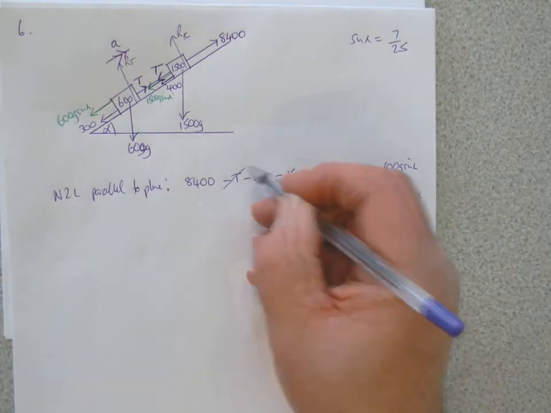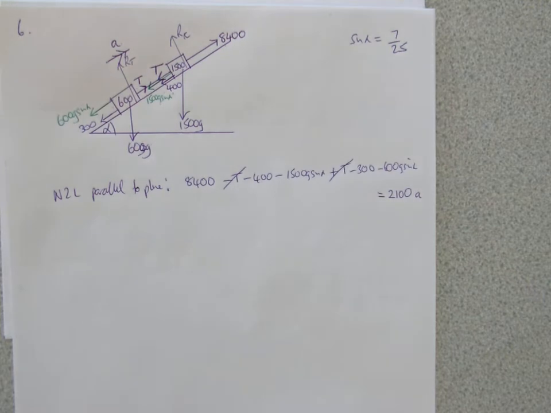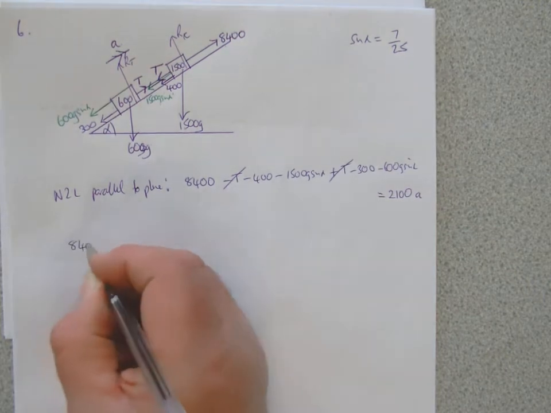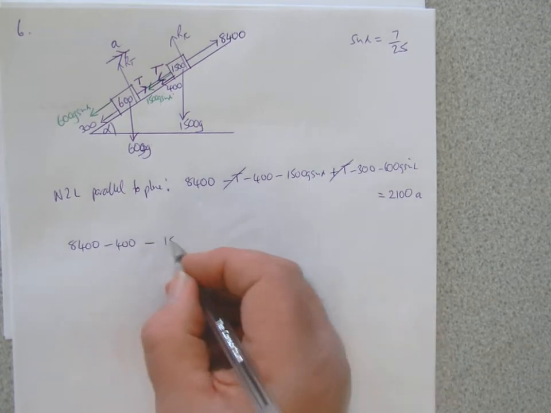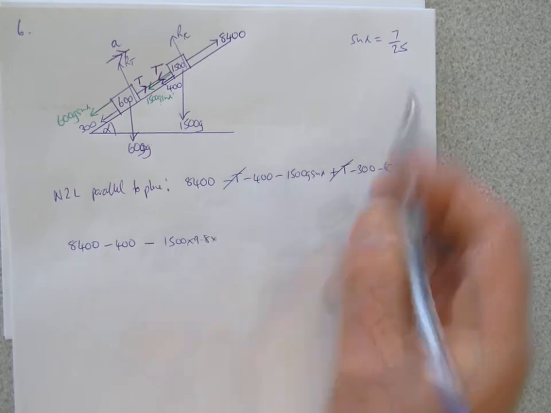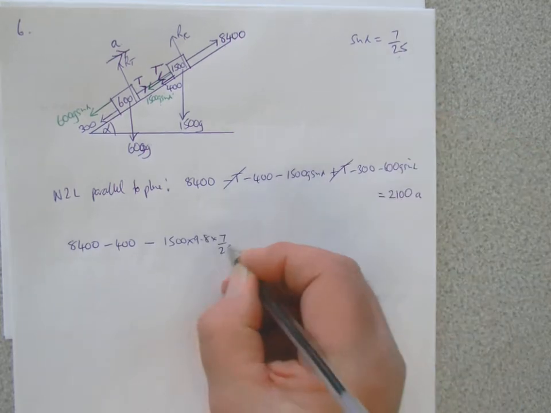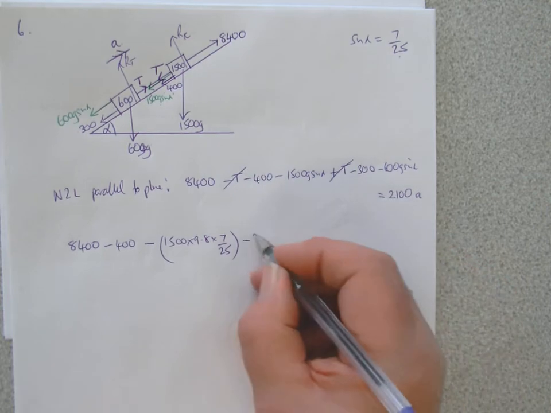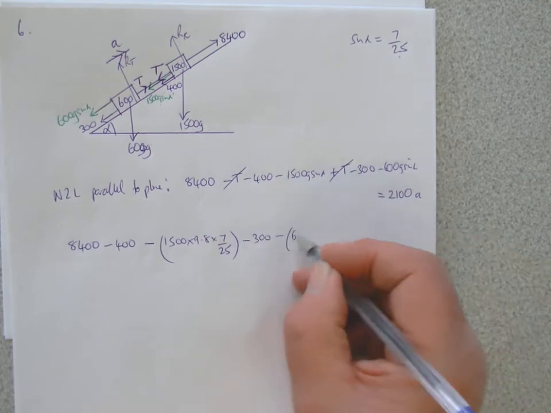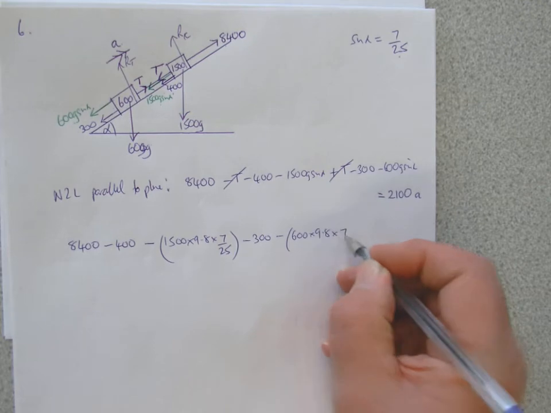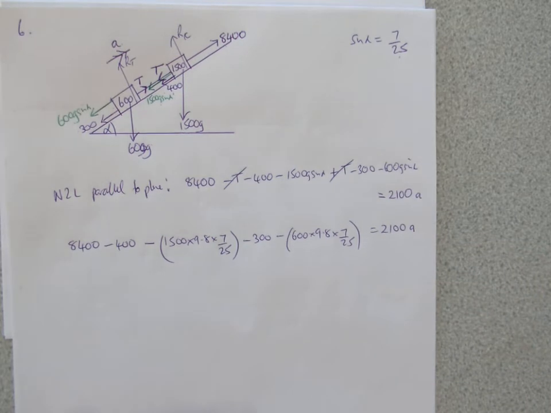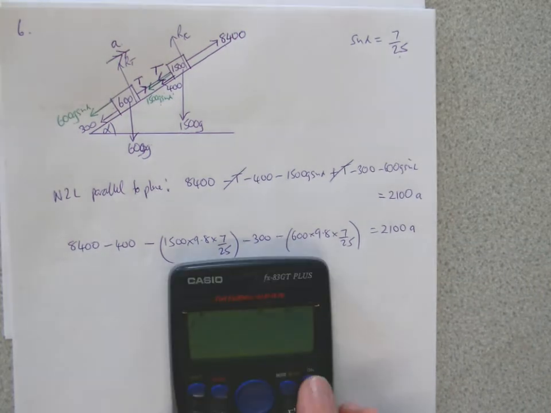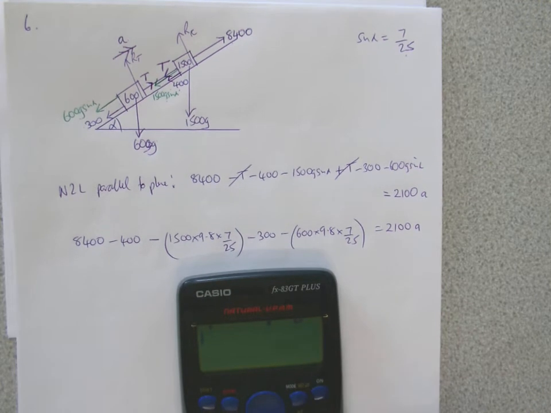You see there the minus T and the plus T cancel out. So on the calculations, 8,400 minus 400 minus 1,500 times 9.8 times sine alpha, 7 over 25. Don't need to calculate the angle. Minus 300 minus 600 times 9.8 times 7 over 25 equals 2,100A. So I'm just going to calculate that.